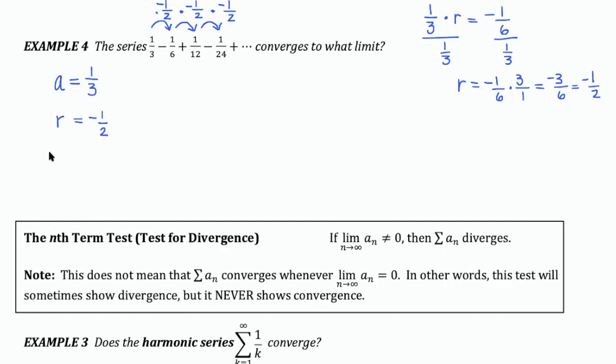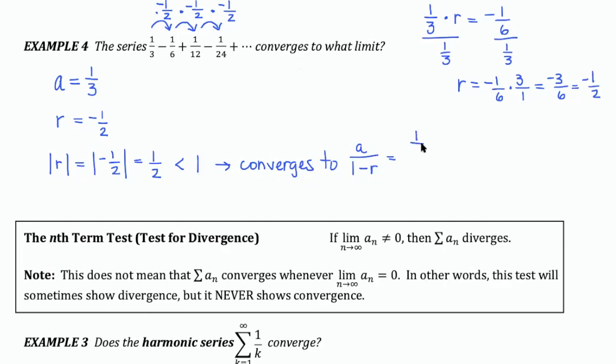I need to check what the absolute value of R is equal to. The absolute value of -1/2 is +1/2, which is less than 1. So I know that this geometric series converges, and it will converge to A over 1 minus R, which is 1/3 over 1 minus, and keep in mind your R value was -1/2.